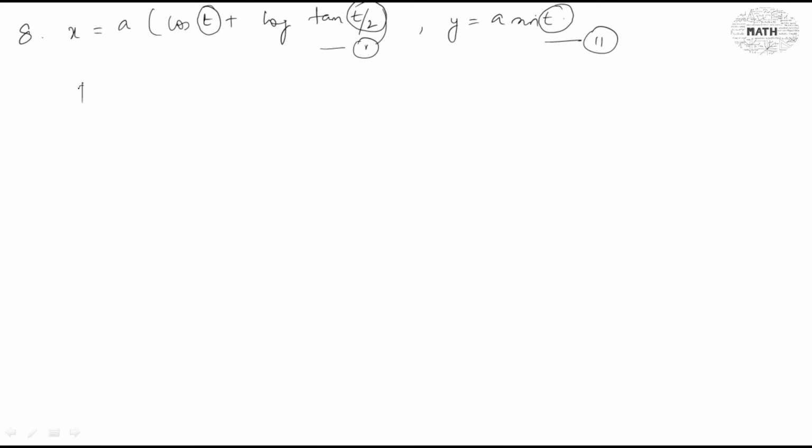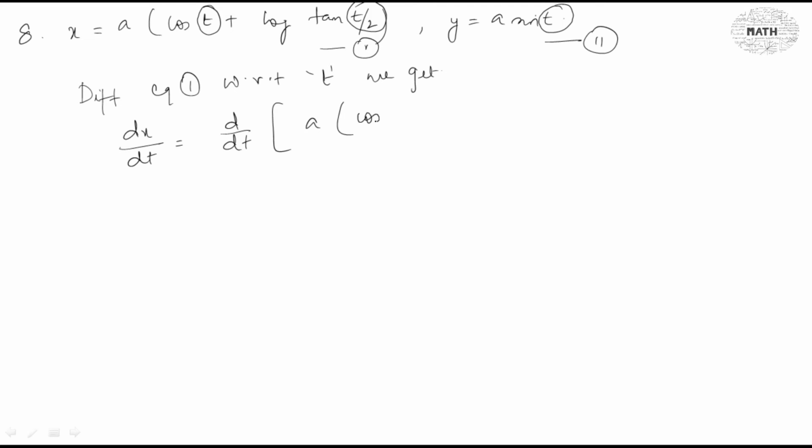So differentiating equation 1 with respect to t, I'll get dx by dt is equal to d by dt of a cos t plus log of 10 t by 2. Now a is constant, so I'll just take a, and then manipulate this with this.